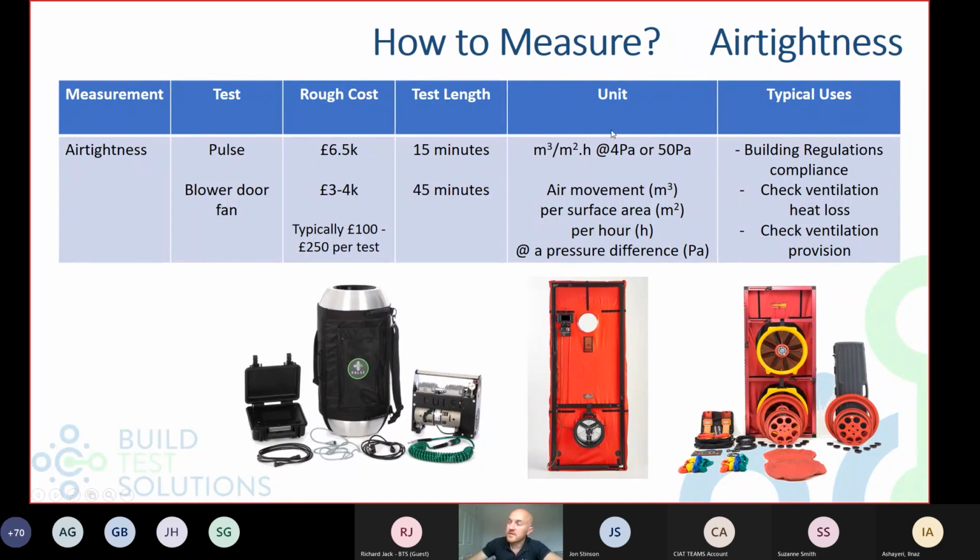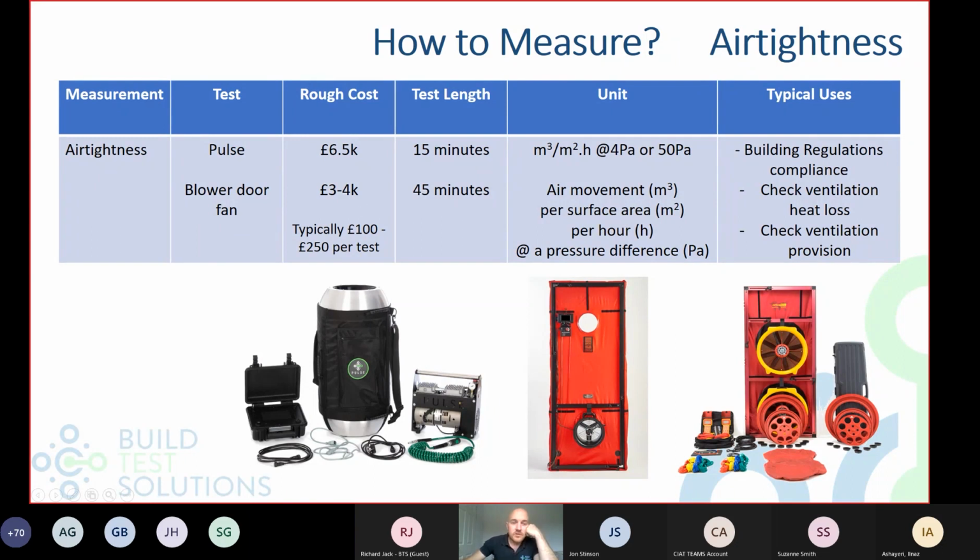Pulse is measuring that at 4 pascals. The blower door is measuring that at 50. And from that same measurement, you're also understanding air movement, so quite simply meters cubed per hour, or based on volume, air changes per hour, at that given pressure difference.